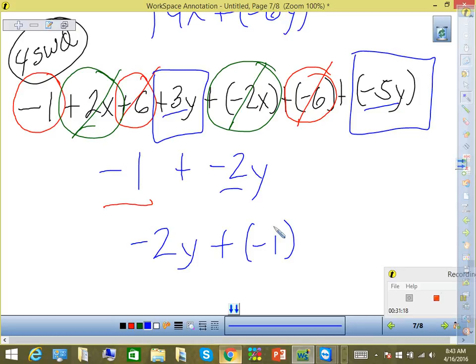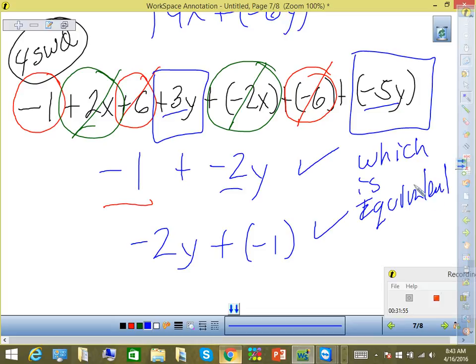Your attention really quick. The question was, if you don't write it in standard form, do you get it wrong? When you get to the Smarter Balanced, they're going to present it either like this or like this, and they're going to say, which of these is equivalent to this expression?